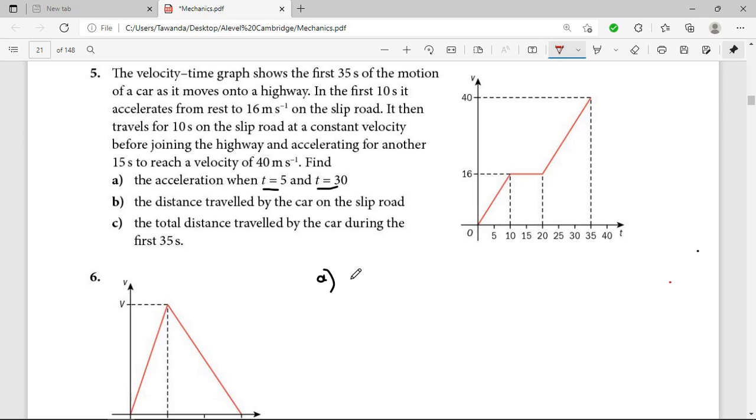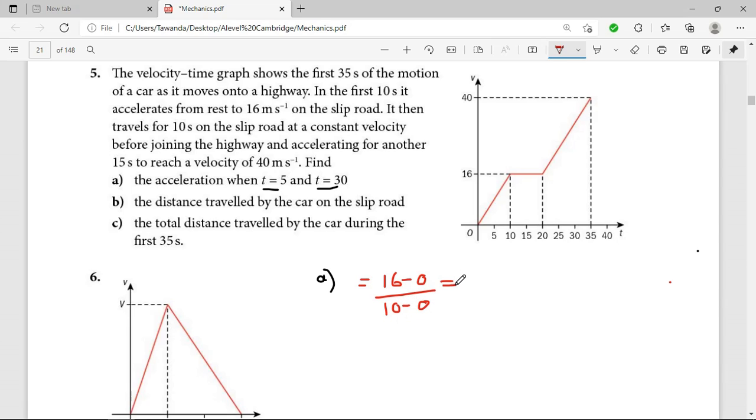So on part A, the acceleration at time t equals 5 is the same as the gradient of the first line. Change in y is 16 minus 0, final velocity minus initial, over change in time, which is 10 minus 0.